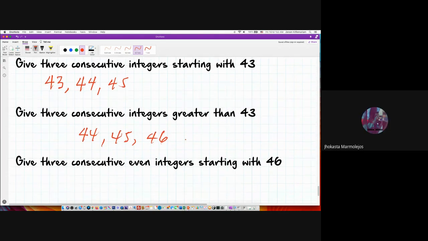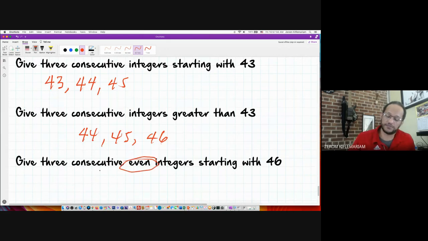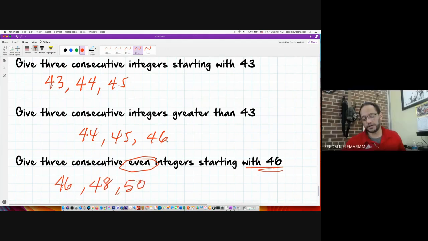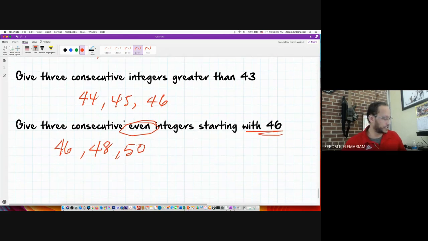46, 47, 48. This time it says even, and it's starting with that number, so it would be 46, 48, and 50. All right, so what about if I change it a little bit?